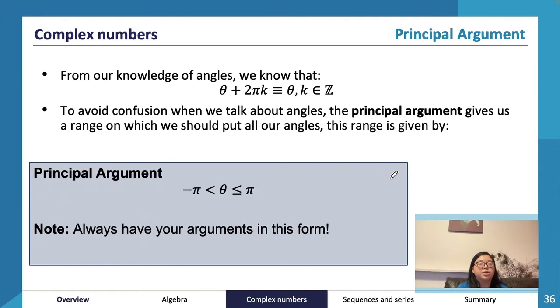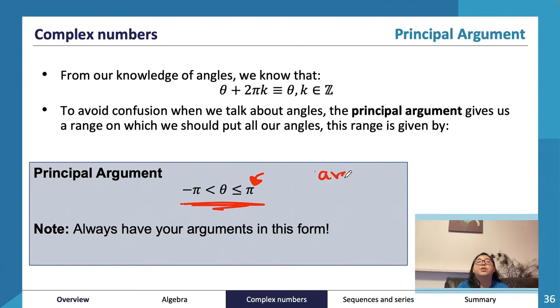Arbitrarily, they chose negative pi to pi, and it's important to note that it's the pi which is included rather than the negative pi. So if you get a solution which is negative pi, you need to make sure to exclude that one as well. Your arguments in terms of your solutions must be within this domain.